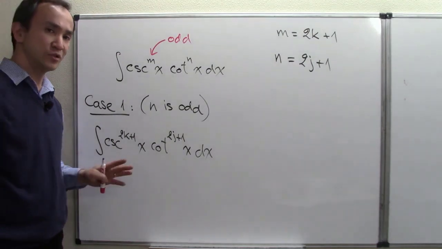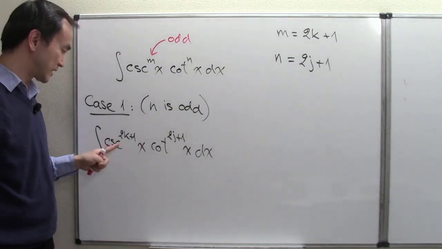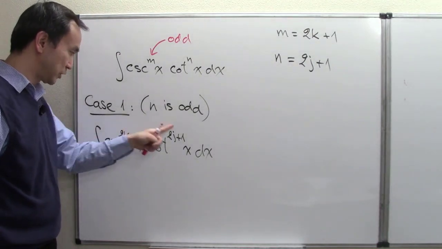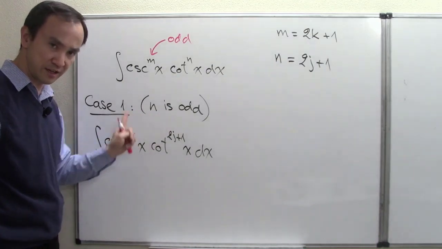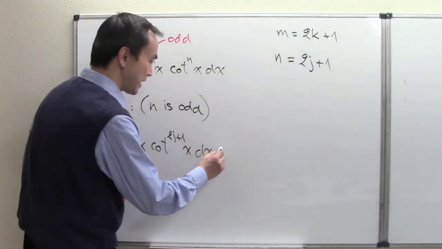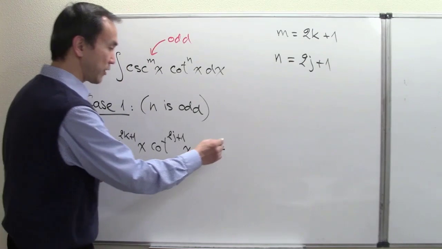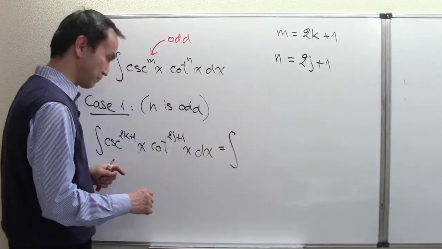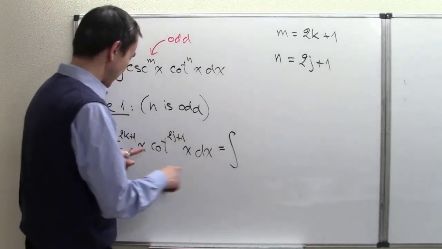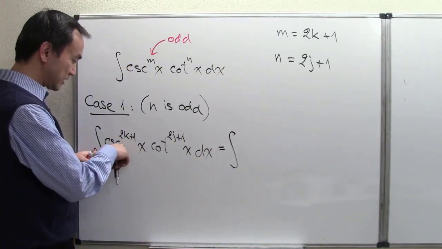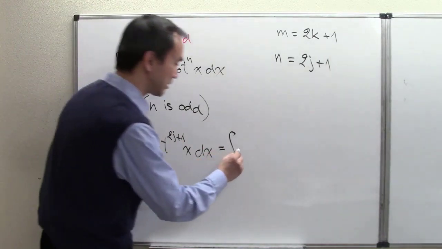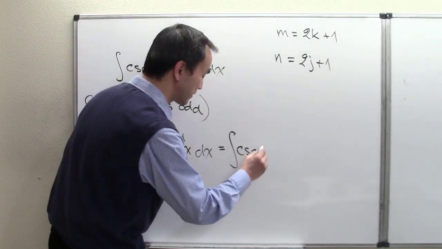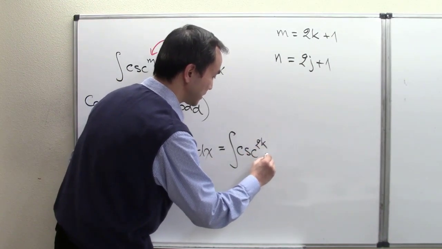After clearly realizing that these are two odd powers together at the same time, I am going to purposely rewrite the integral so that I can separate out. Follow closely with what I'm about to do here on the board. For the cosecant to the 2k plus 1 power, I'm going to write that as cosecant to the 2k power of x.